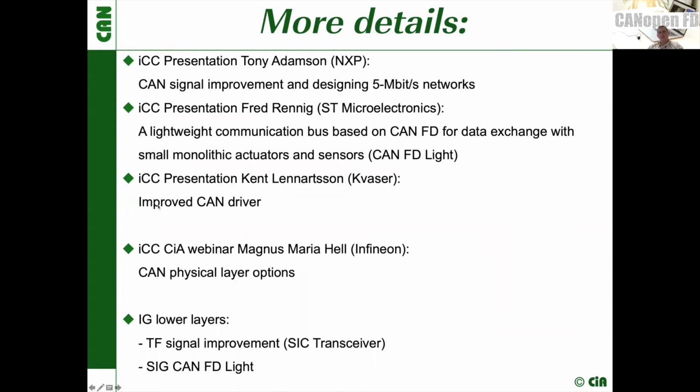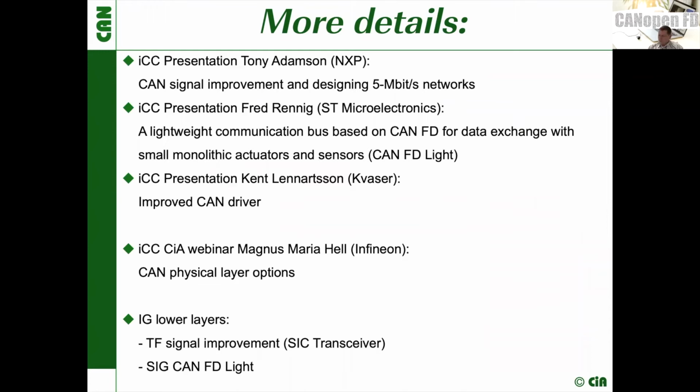Maybe something that could be of interest for you is the presentation from Tony Adams, who gave us some ideas on CAN signal improvement and designing 5 Mbit networks. So how can I achieve a network architecture running with this speed?